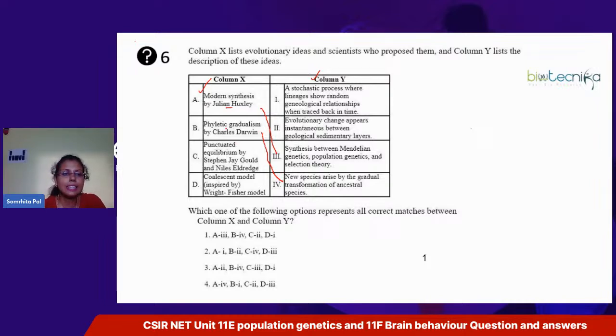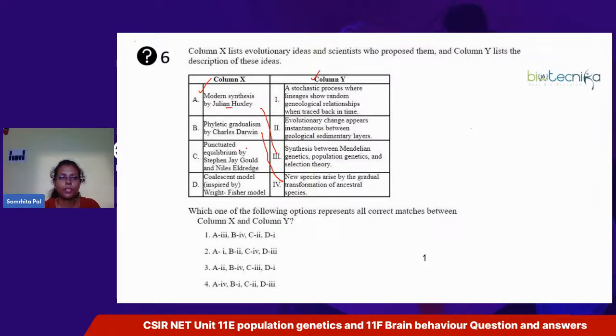If you analyze this word, phyletic is coming from the word phylogeny, that means an ancestor to the descendants. And it is coming in a very gradual way, stepwise, slowly. So a new species arises by gradual transformation of ancestral species.